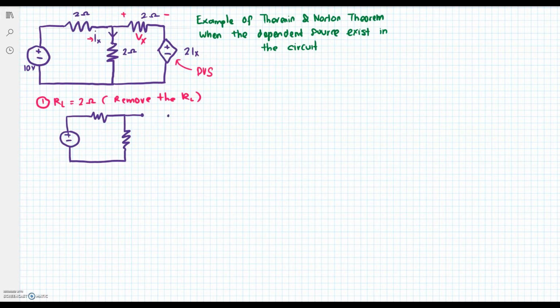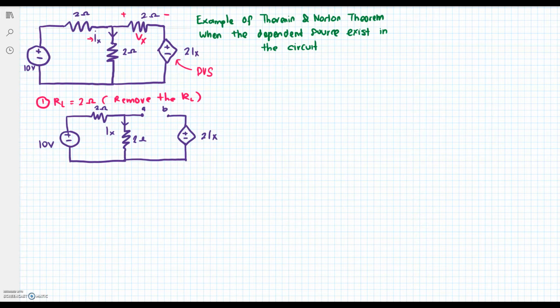I open circuit here. So this is terminal A and B. Here is 2 ohms, 2 ohm, 10 volts. Here is 2 ix.